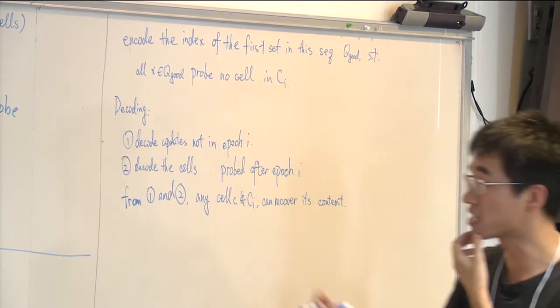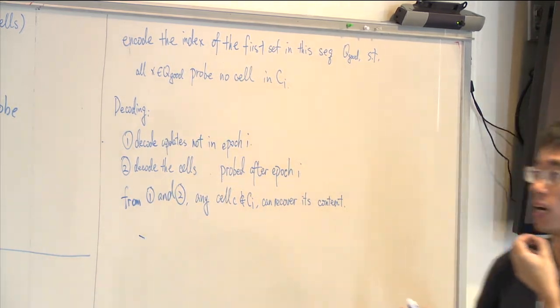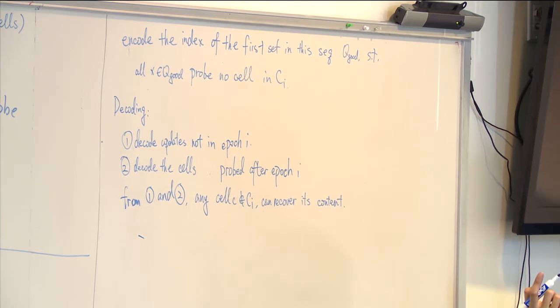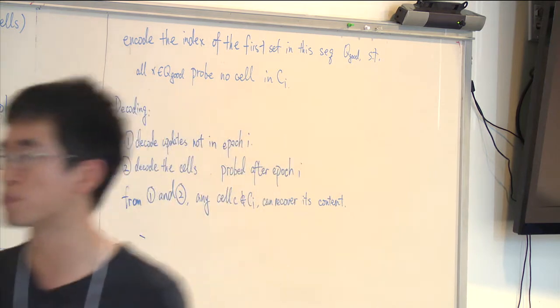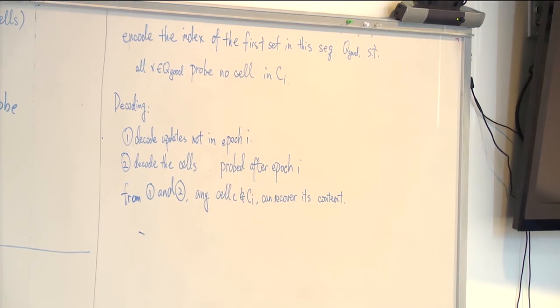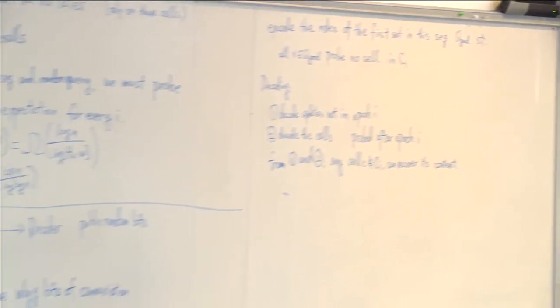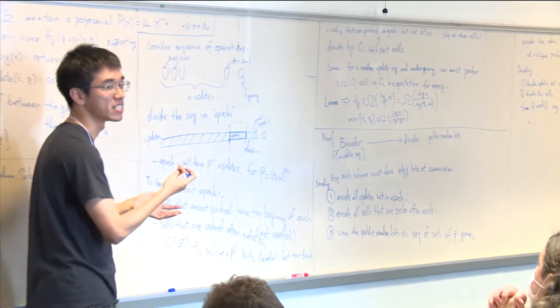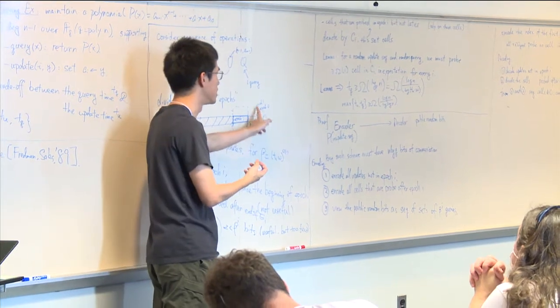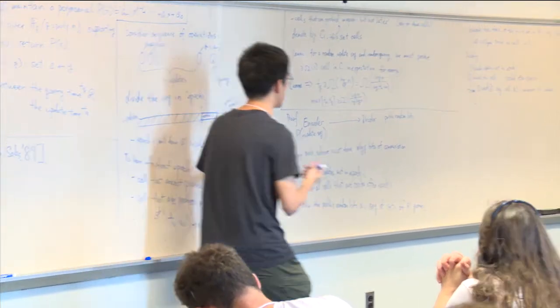So why? Because if a cell is never probed since the beginning of epoch I, then knowing the updates before epoch I, by simulating the update algorithm, we can already know its content at this point. But if it's not changed after that, then the content at this point is the content after all the updates, right?